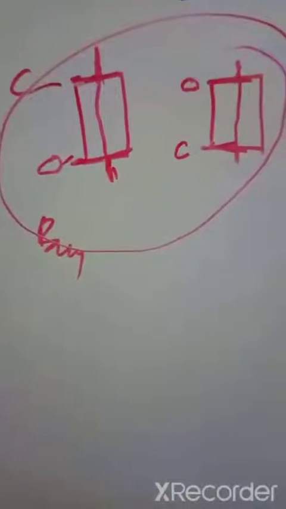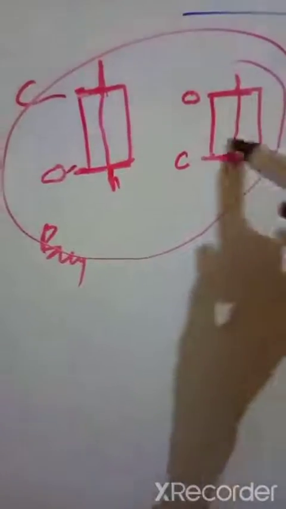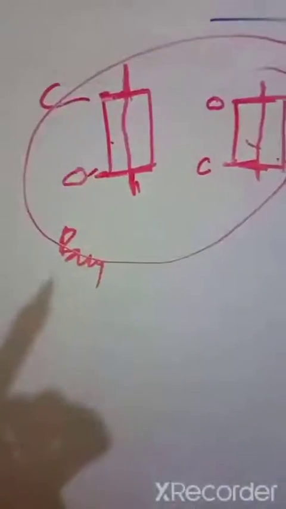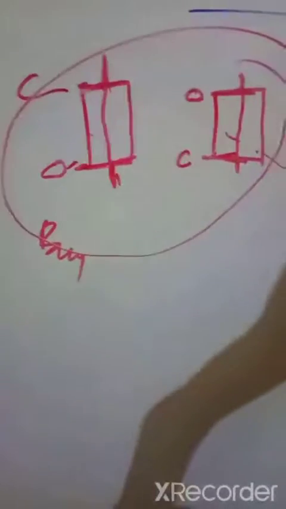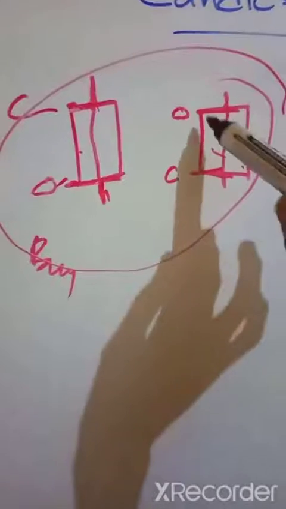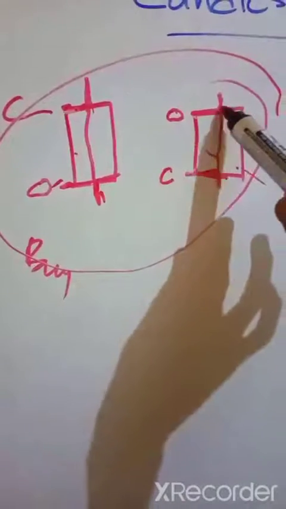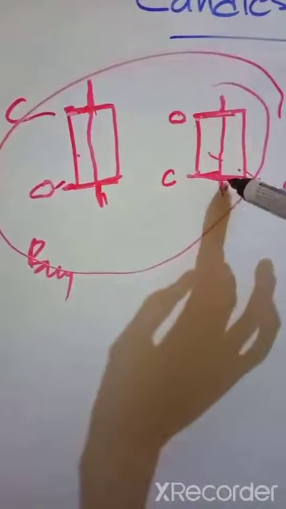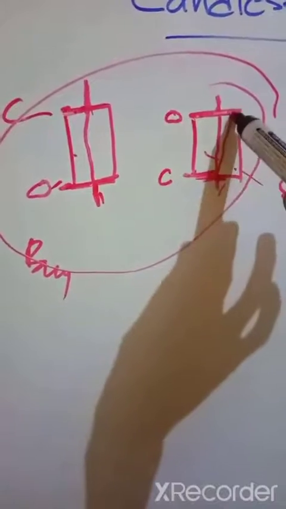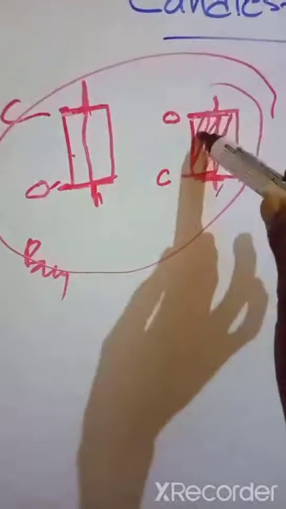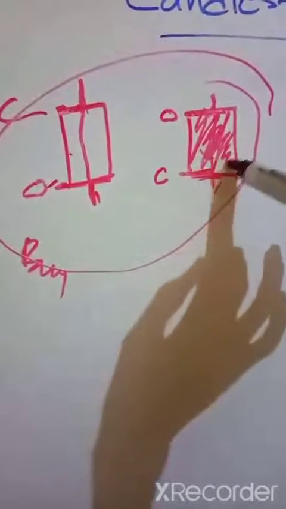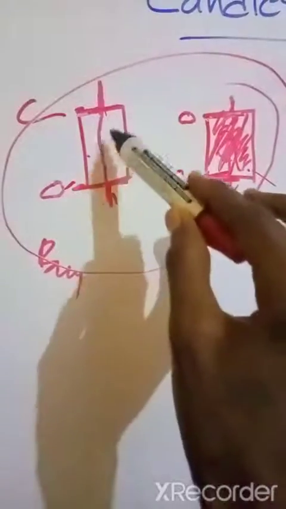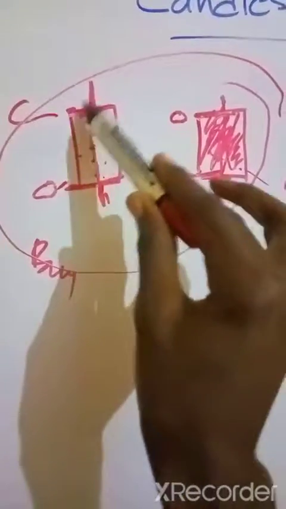The seller's candle is opposite to the buyer's candle. This is the description of the candlesticks. And this part here to this part is the body. This is the body.